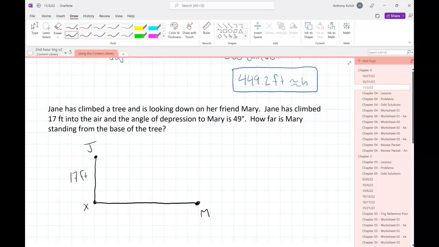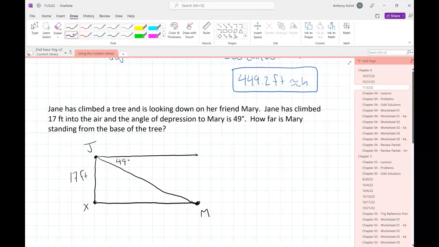Okay. And it says the angle of depression to Mary is 49 degrees. So I don't know, do I do this, right? No! This is what I warned you about. Isn't it tempting to want to do that? Where does the 49 need to go?